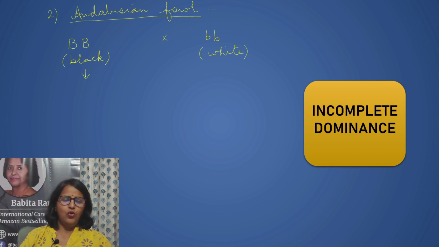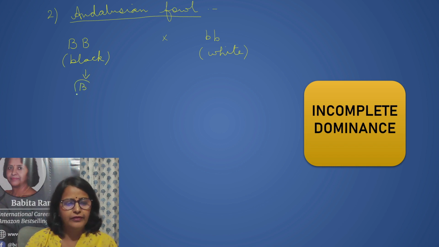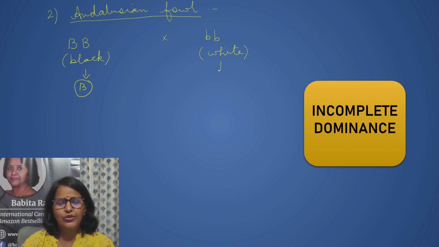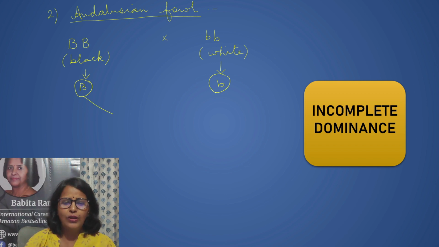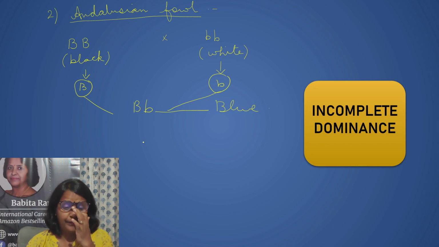Because it is a homozygous gene, we have only one type of gamete. Here also this is a homozygous gene, so only one type of gamete. All the F1 generations will have capital B and small b. According to complete dominance or according to Mendel's dominance, this should have been black, but this is not black, this is blue in color, showing incomplete dominance.